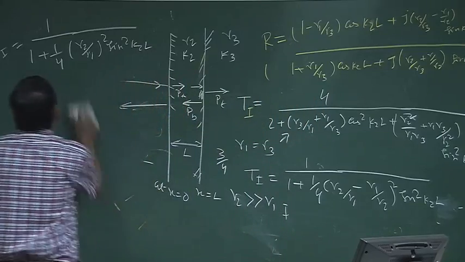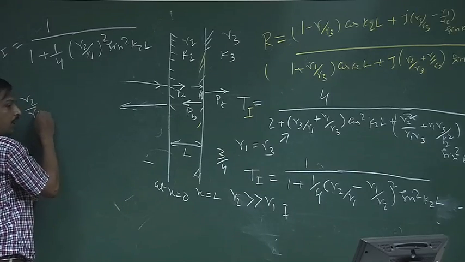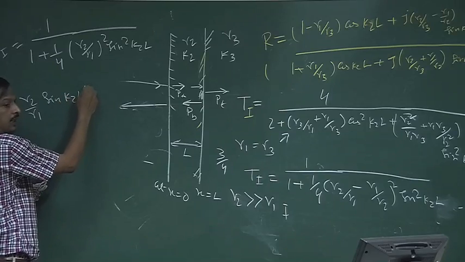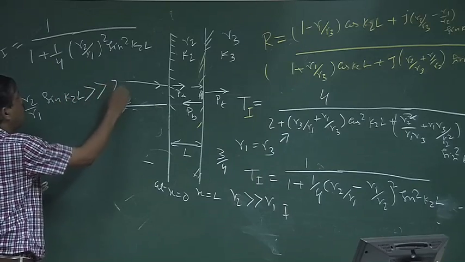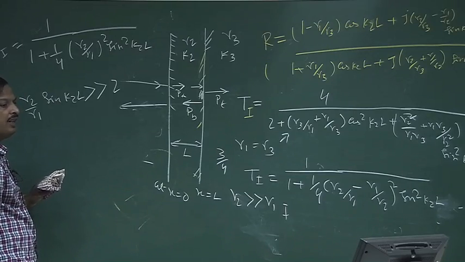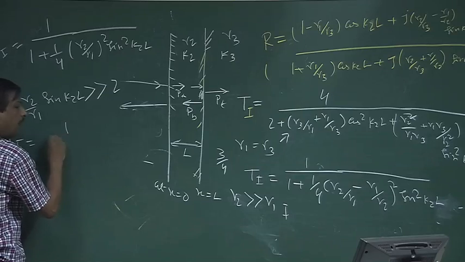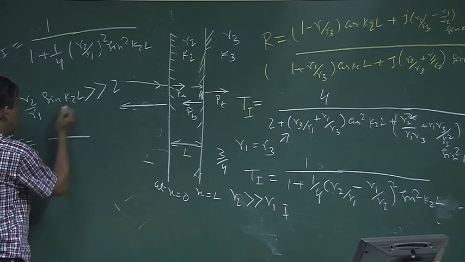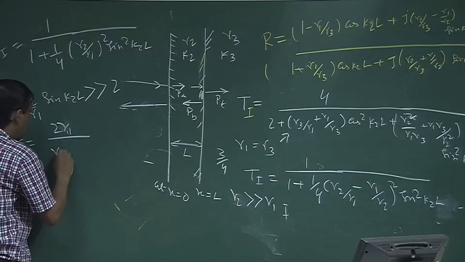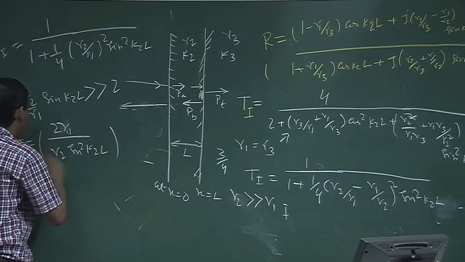Now, if R2/R1 sin K2L is much greater than 2, then Ti will be 1 divided by (2R1/R2 sin²(K2L)) whole square.